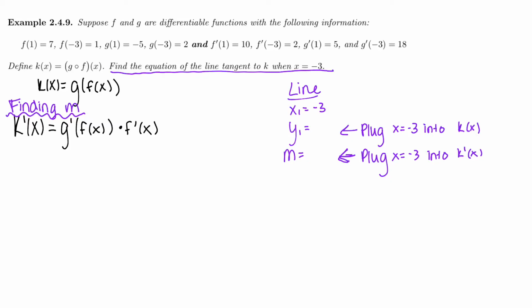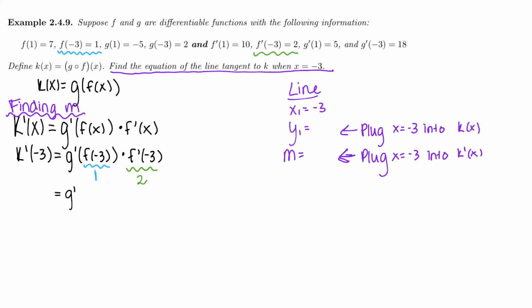I'm now plugging my x value, -3, into the derivative. There's two values I can fill in right now. So I have f of -3, and then I have f prime of -3. Coming up here, let's see, f of -3 is 1. f prime of -3 is 2.